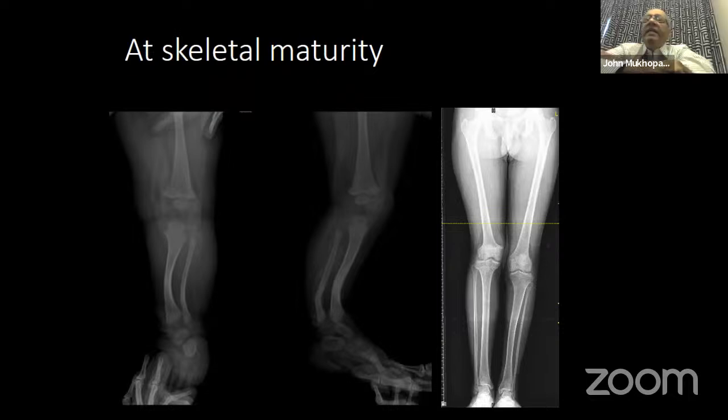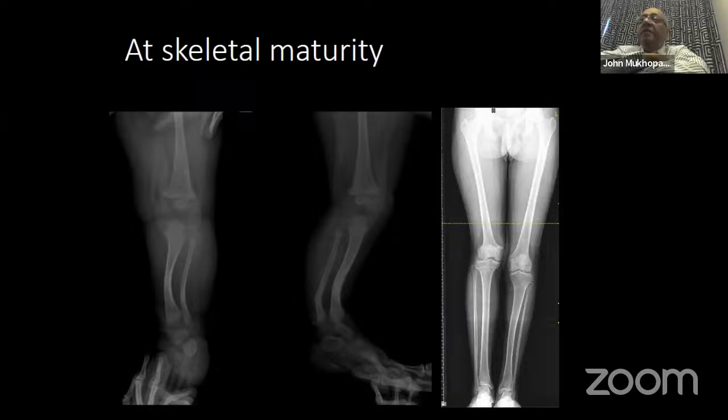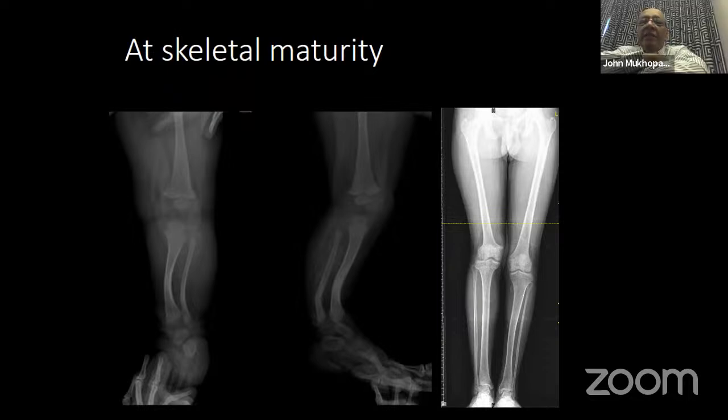So how much shortening do they end up with, roughly? I can't say an exact number for every patient, but less than 2 centimeters. Who told you this? So if it's less than 2 centimeters, do you need to do anything? No, sir. The question I asked was, in these patients, what is the eventual shortening approximately that they end up with?